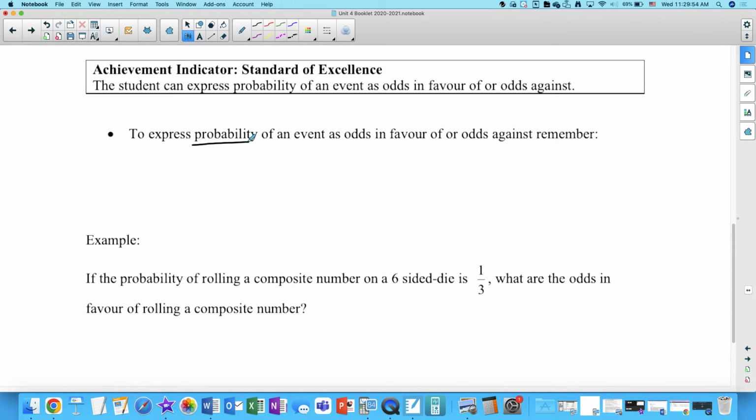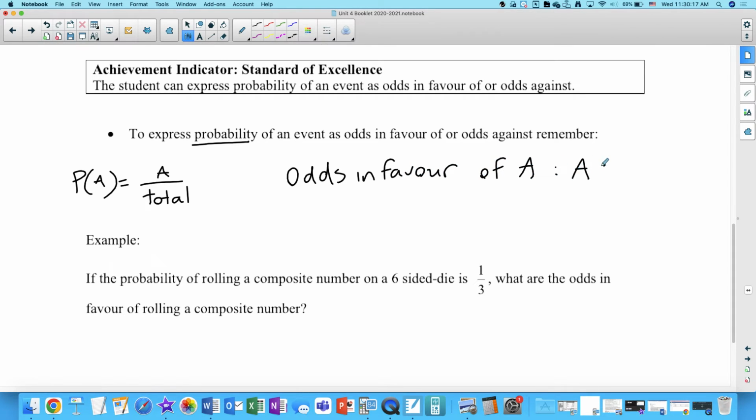Odds in favor of A are A to not A, and odds against are not A to A. So the tricky part is that if you're given a probability, you're not given the not A part. You have to figure that out.